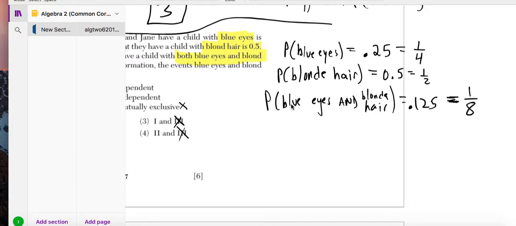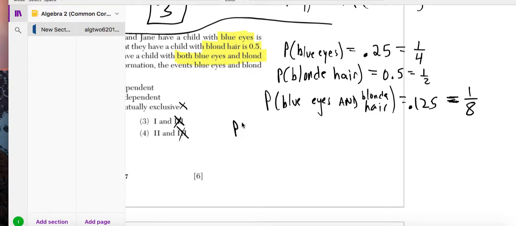So two events are independent if, for A and B independent, the probability of A and B is equal to the probability of A times the probability of B. If this is not equal, then the events are dependent, okay? So let's just find out.